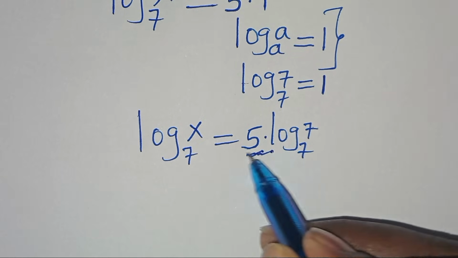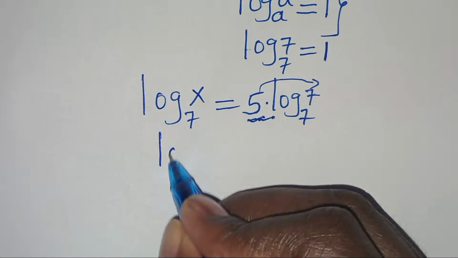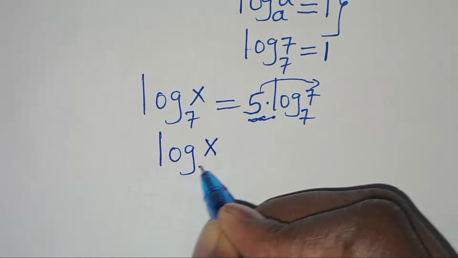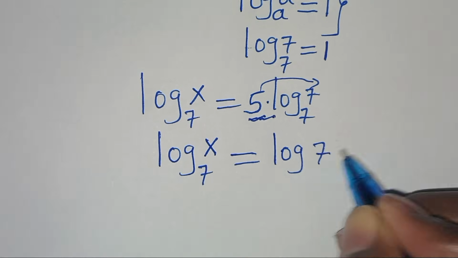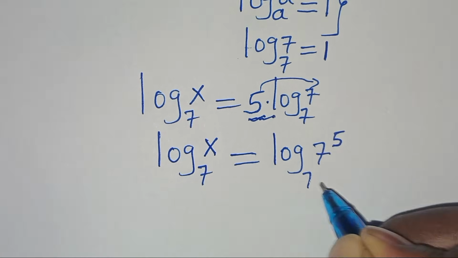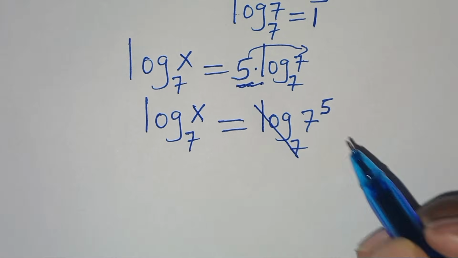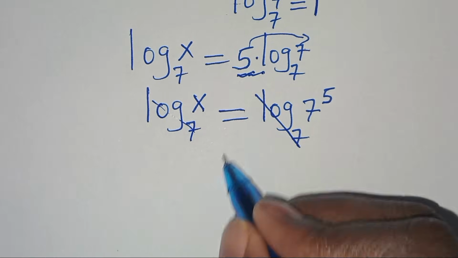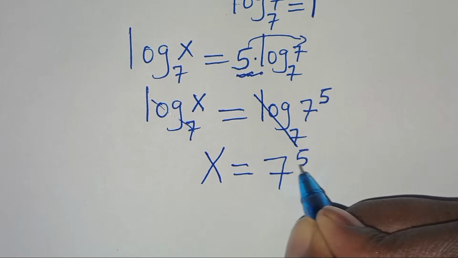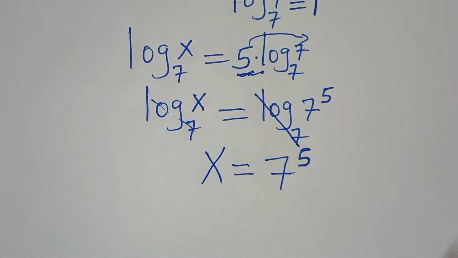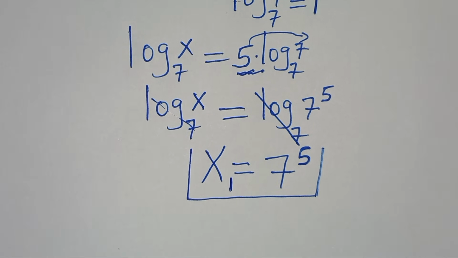So let's transfer this 5 here, so that now we have log x to base 7 is equal to log 7 raised to the power of 5 to base 7. And this implies that we can simplify log 7 and log 7 here, so that x is equal to 7 to the power of 5. So this is the value of x1.